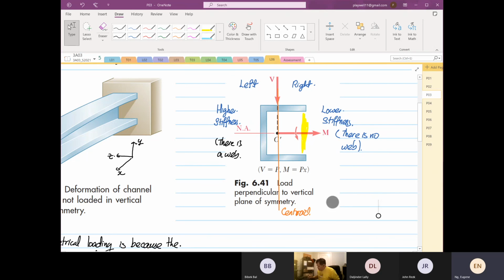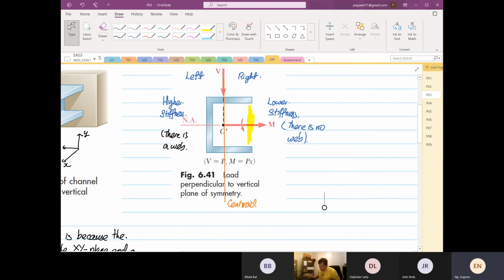So for this reason, the deformation, as mentioned before, has an additional twist.